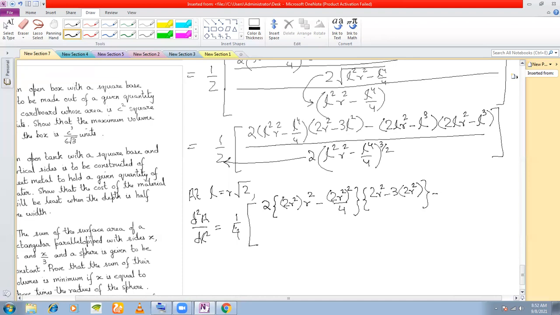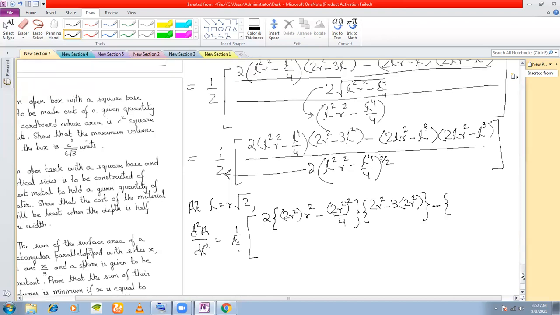Here, if you put L is equal to R root 2, in fact, I have not been able to bring down to an L square here.